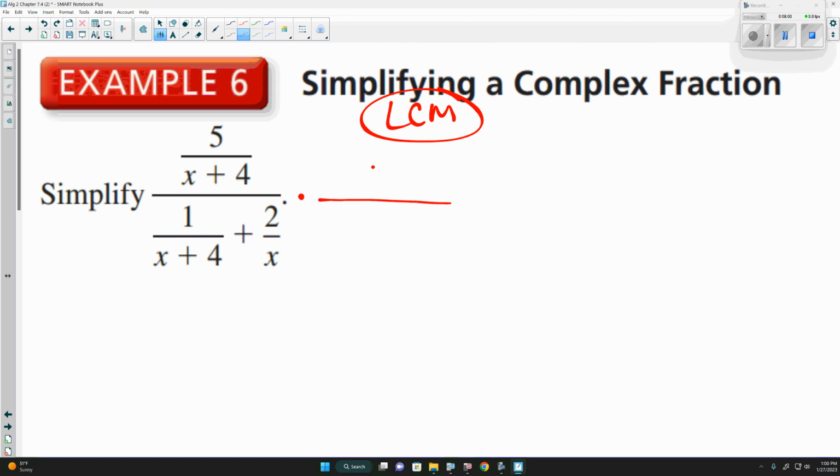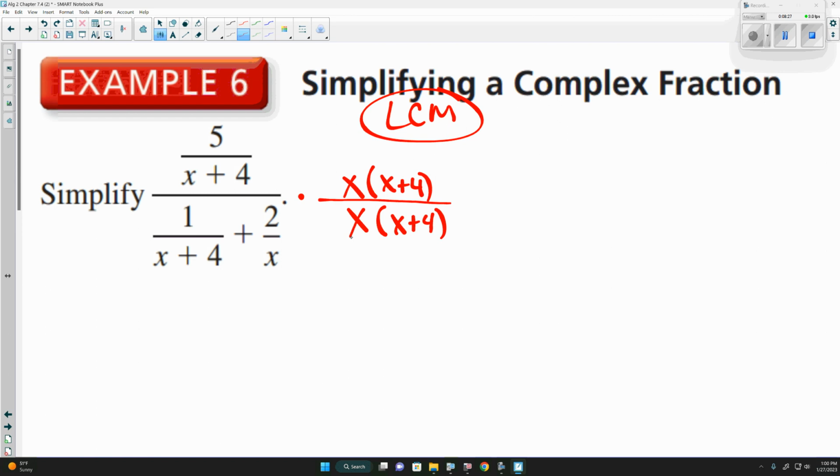So we can do x plus 4 on top and bottom, and x. Because whenever we multiply the top and bottom by, each one by, we need to do it to the whole thing. So we're really looking for what terms, numbers or expressions, can we multiply everything on top and bottom by so that all the fractions in the numerator and denominator will cancel out.